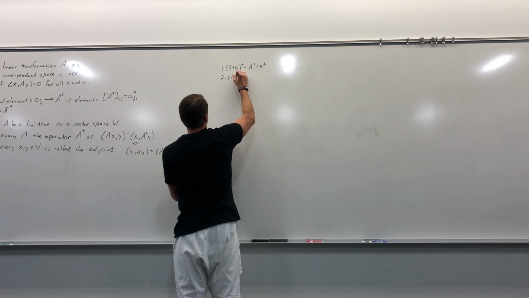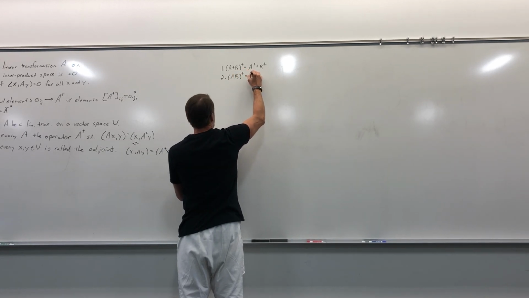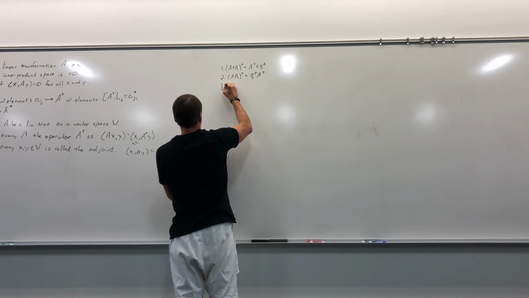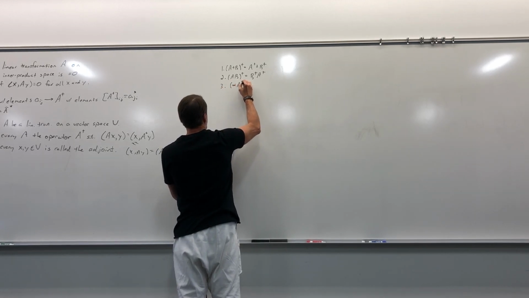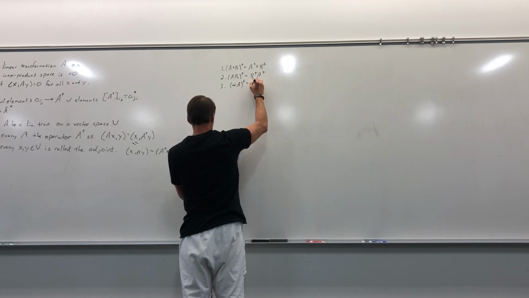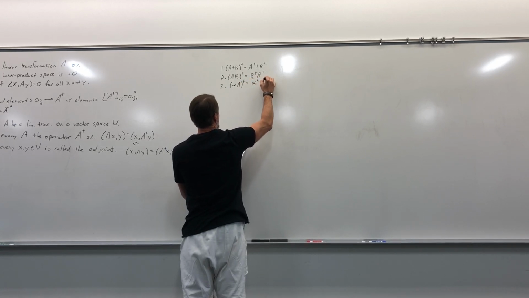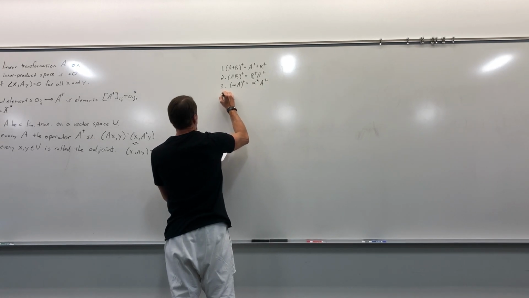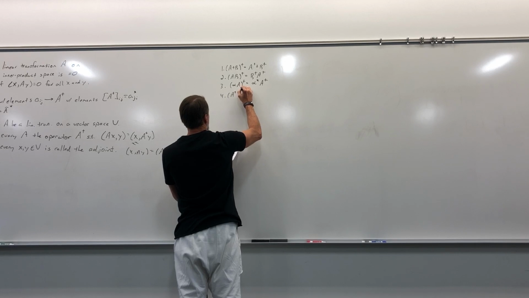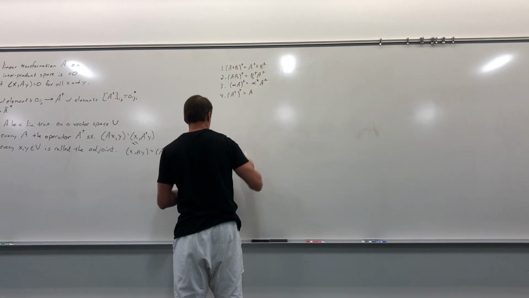Two, the product of A and B adjointed is B adjointed A adjointed. Three, an element of the field times the transformation A, adjointed, is alpha star times A adjoint. And four, A adjointed and yet again adjointed gives me back A.